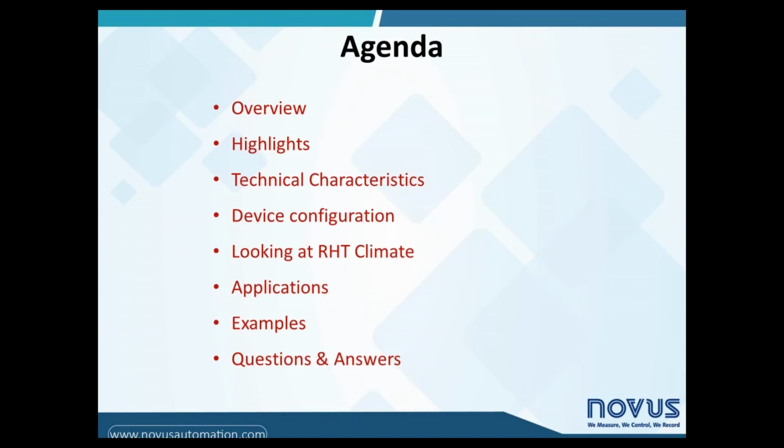We'll talk about the configuration software for the device. Also, we'll take a look at the RHT Climate with some pictures. Following, we'll talk about its applications and show some process examples for controlling with psychrometric information.